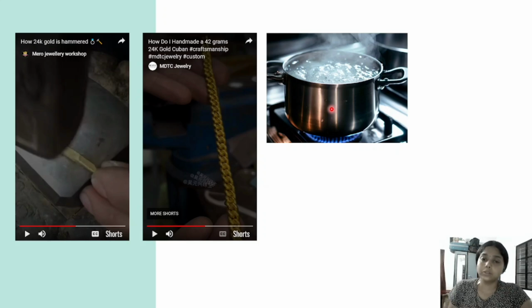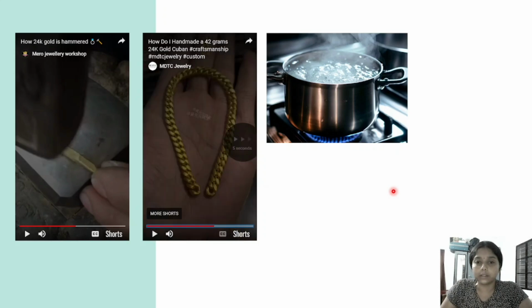Is the metal hot or only the water is hot? Both the metal and water are hot. So how do we take it out from the stove? Sometimes we use a cloth-like material to take it out. Otherwise, using a bare hand can lead to burns. You already know that.